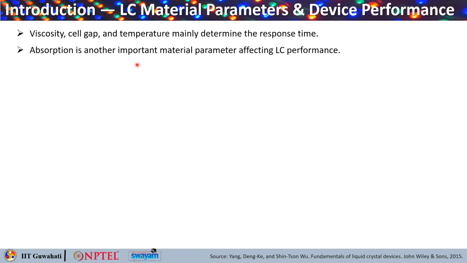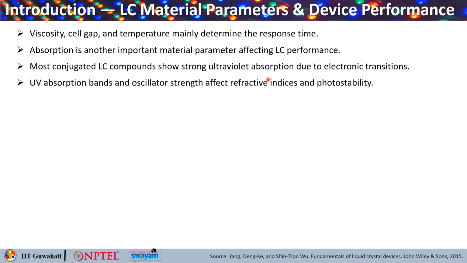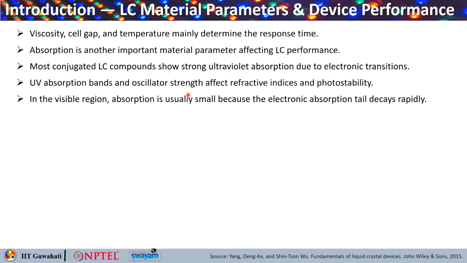the field. Absorption is another important material parameter that will affect the liquid crystal performance. Most conjugated liquid crystal compounds show very strong ultraviolet absorption due to electronic transitions. Okay, so there are bands where this UV gets absorbed. UV absorption bands and oscillator strength affect refractive indices and the photostability.